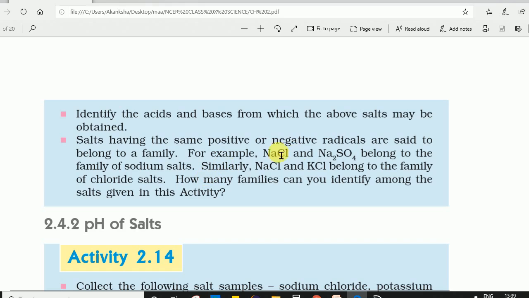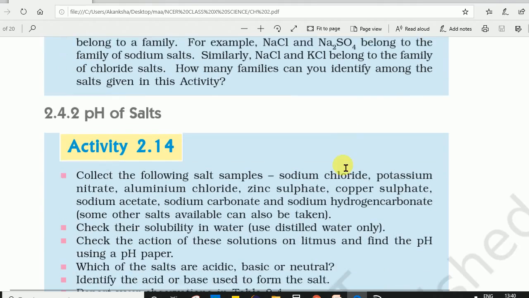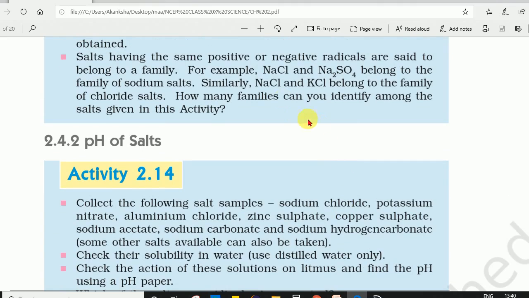For example, NaCl and Na2SO4, both have positively charged ion sodium ion, thus they belong to sodium salts. But suppose we have sodium chloride and potassium chloride, then they will belong to chloride salts because both of them have chloride negatively charged ions. Is it clear? So this way you can identify the family of salts.